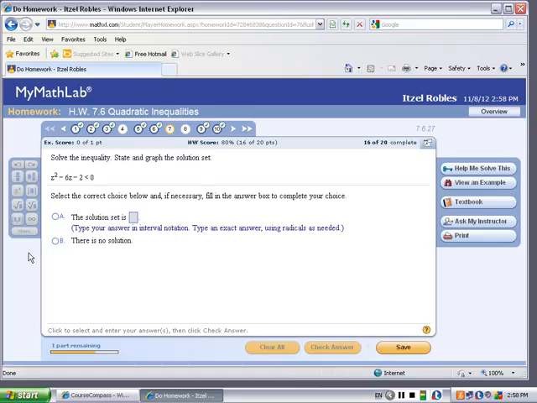Okay, yes, I heard you say this is quadratic. And then what? They want you to solve and graph the solution set. What should we do?